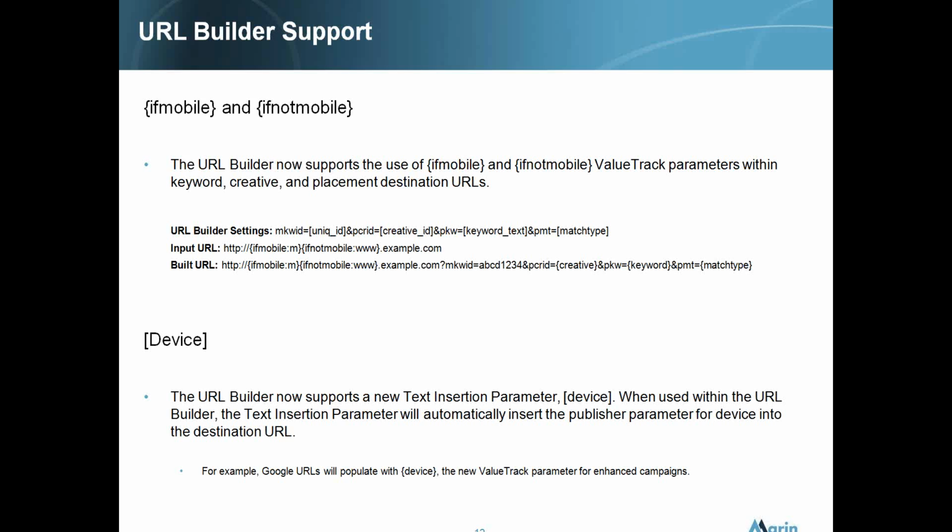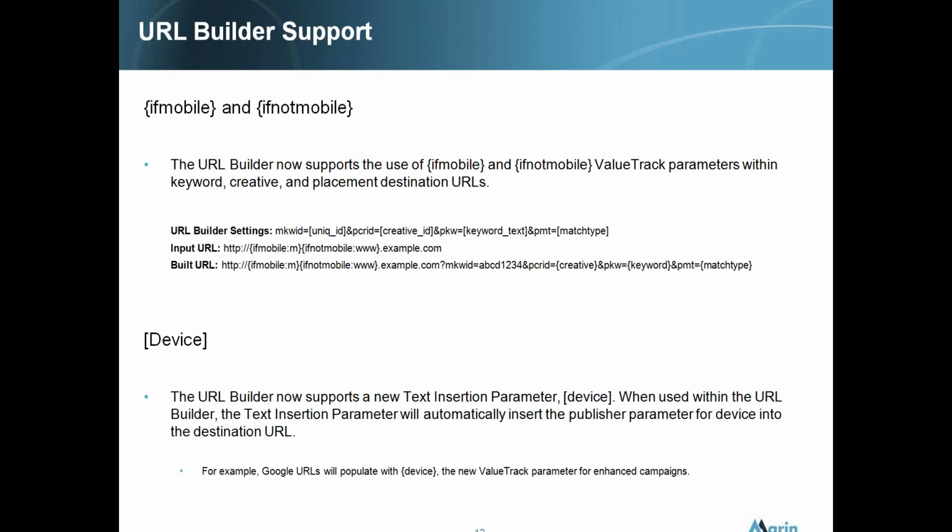We're also supporting a device parameter. You will notice that for Google URLs, it will be populated with the squiggly bracket device squiggly bracket. The square bracket device is a text insertion parameter that we have made available so that if you are using the same URL builder throughout your account, or if you are interested in using a similar parameter for other publishers, it is available to you through URL Builder.